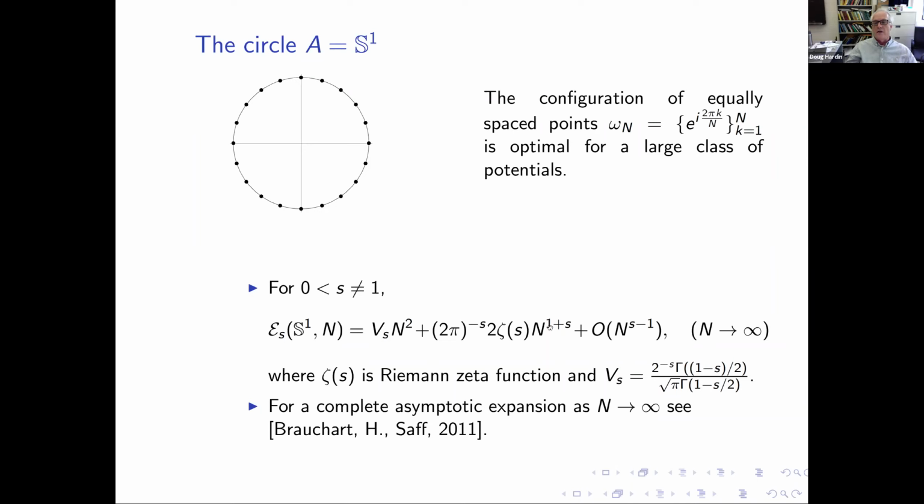On the other hand, the n to the 1 plus s term depends exactly on the fact that these points are, in this case, exactly equally spaced.